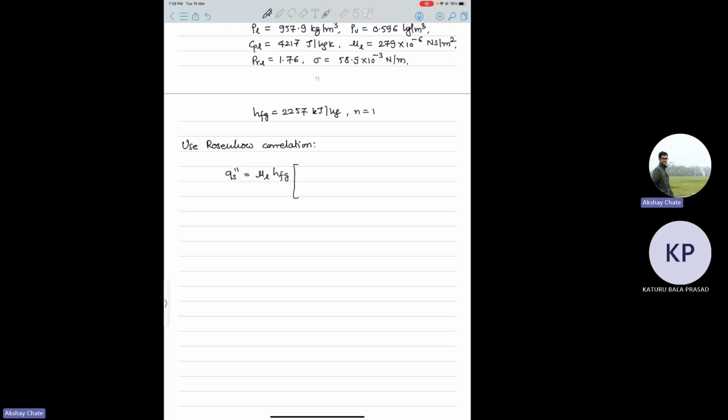Then this bracket is there. This is your Bond number kind of scale, with sigma, so surface tension effects are counted in this term. And then you have this Jacob number kind of term, which is sensible heat, Cp delta T, by your HFG, latent heat contribution.